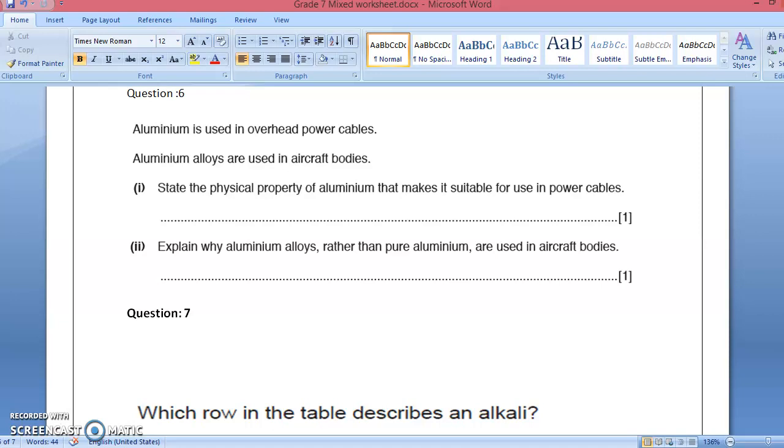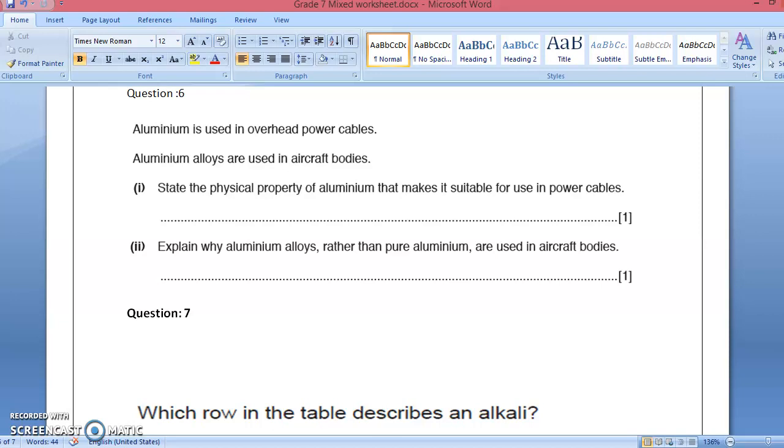Alloys are mixture of metals. Now aluminium alloys are used in aircraft bodies. Okay, so state the physical property of aluminium that makes it suitable for use in power cables. So because it has to travel a very long distance, what would be the answer? The first one is, because they are good conductors of electricity, and second is also because they are strong.